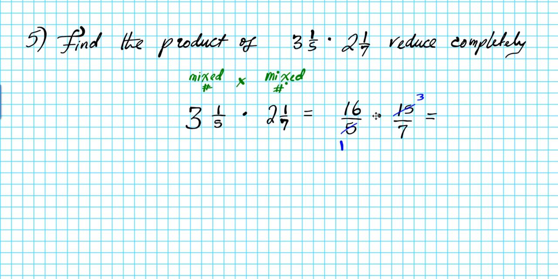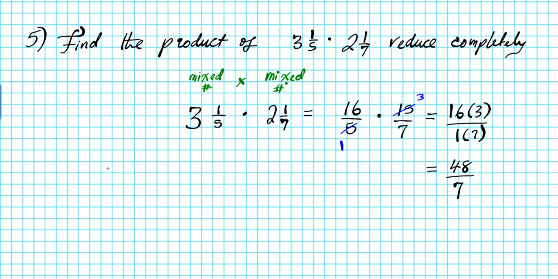So we multiply across. 16 times 3 divided by 1 times 7. 16 times 3 is 48. 48 over 7 is the improper fraction form of the answer.